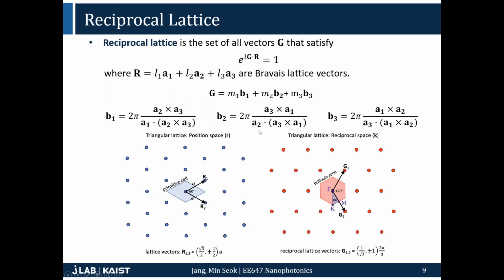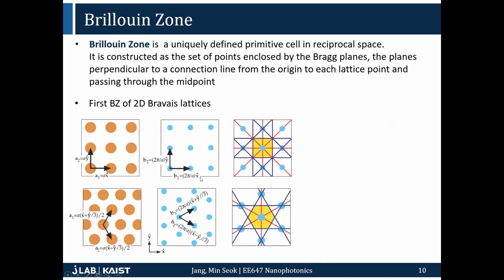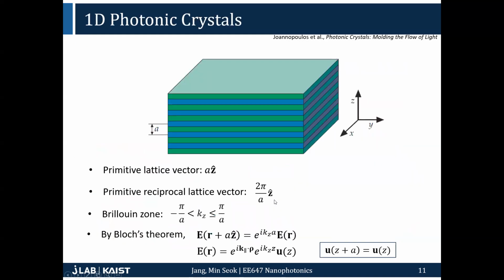And then we defined the Brillouin zone in this reciprocal space, or K space, just the area or volume occupied by a specific lattice point in K space, right?